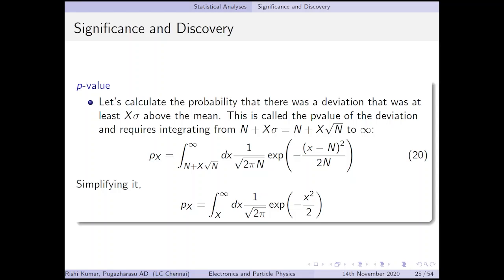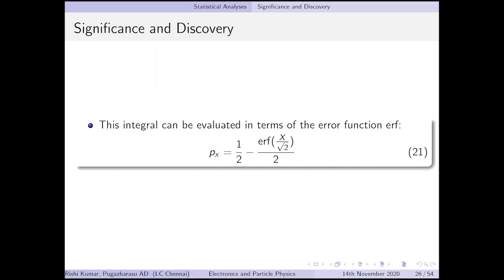So p(x) is simply the integral of this expression dx, and if we simplify that, we get p(x) equal to the integral from x to infinity of dx, 1 by root 2 pi, exponential e to the power negative x squared by 2, mind you. This integral can be evaluated in terms of the error function, which is a very important function we have. So p(x) is just 1 minus erf, which is the error function, of x by root 2, whole divided by 2.